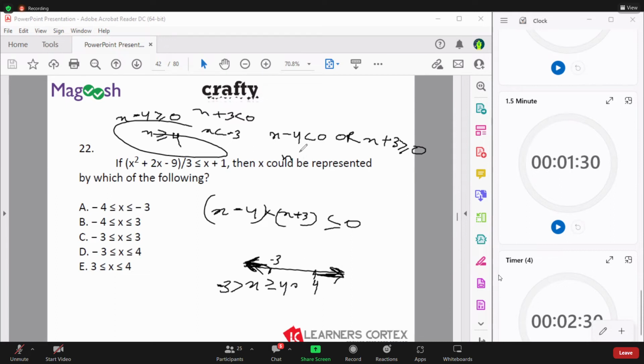But for this, x is less than 4 and x is greater than or equal to minus 3. So when you plot this graph, this part of the number line will be covered. Since here x is also equal to 4, we can write that x is greater than or equal to minus 3 and less than or equal to 4. So this would be the option.